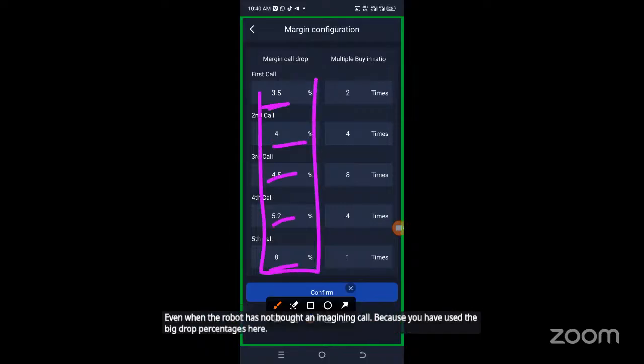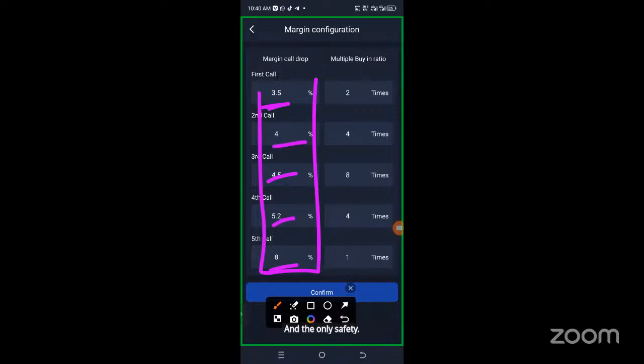And the only safety in trading futures is margin calls. Because whenever the robot buys the margin calls, it pushes the liquidation price far away from your current price.